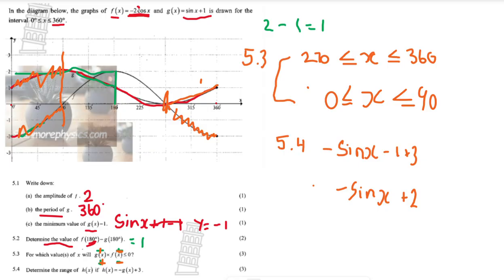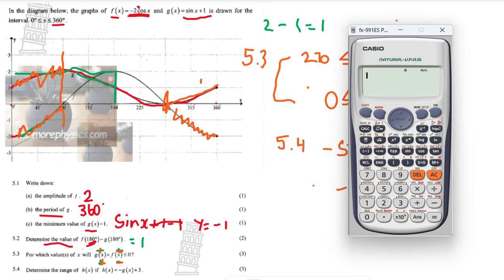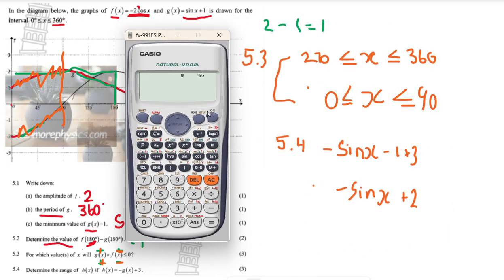All you do is pick up your calculator, press mode, and look for table, which is 7. You write the equation: negative sine, alpha, close brackets, plus 2, equal to.